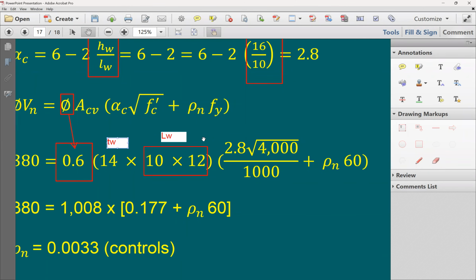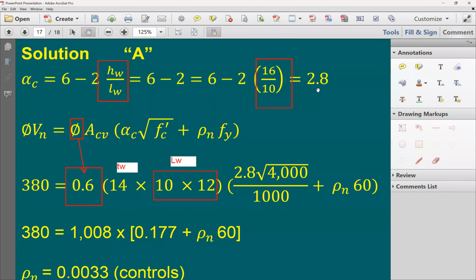Everything here needs to be in inches. Times alpha sub c, which we say is going to be 2.8. Square root of f'c is 4,000. You divide this by 1,000 to get your answer in kips. And then you say times rho sub n times f sub y, which is 60 ksi.